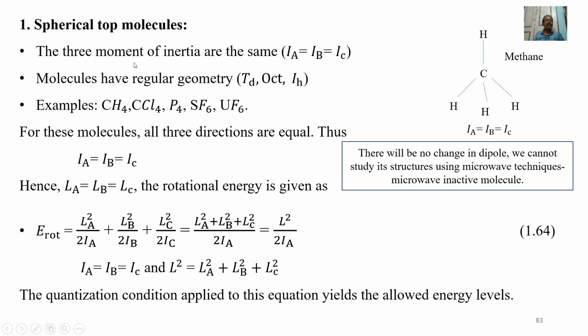Molecules have regular geometry, that is tetrahedral, octahedral, hexahedral, and so on. Some examples are methane, CCl4, P4, SF6, UF6, and so on. For these molecules, all the three directions are equal, that is I_A equals I_B equals I_C.